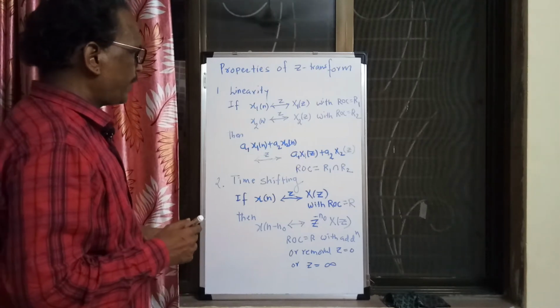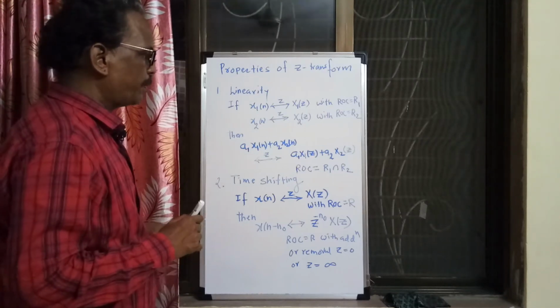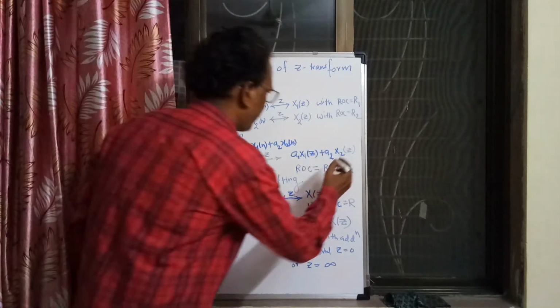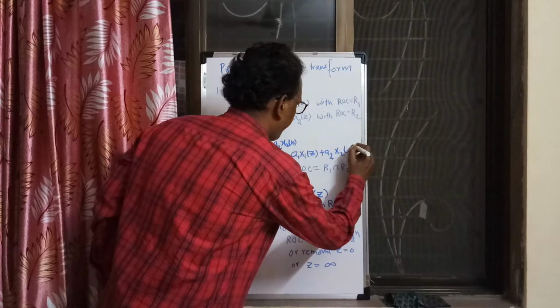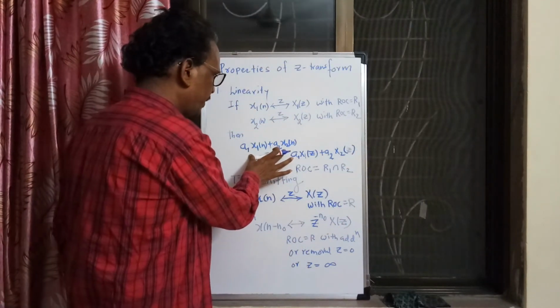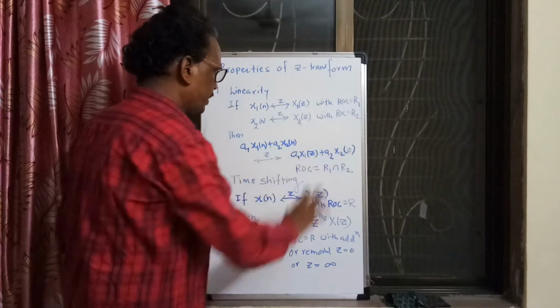So if we combine sequences in this fashion in the time domain, in the Z domain their Z transforms also get combined in a similar fashion. So a linear combination of sequences in the time domain is equal to a linear combination of their respective Z transforms.